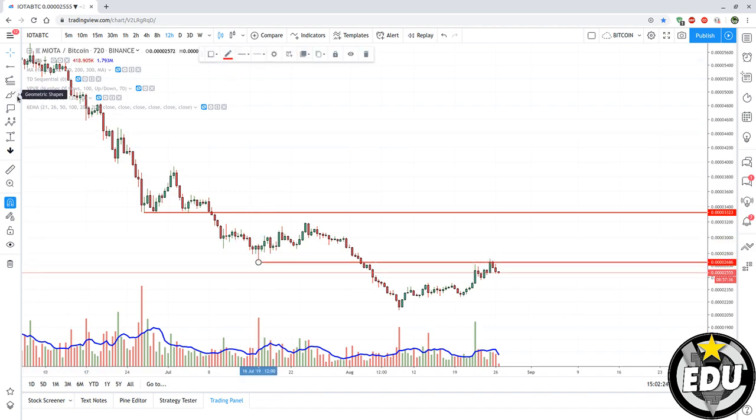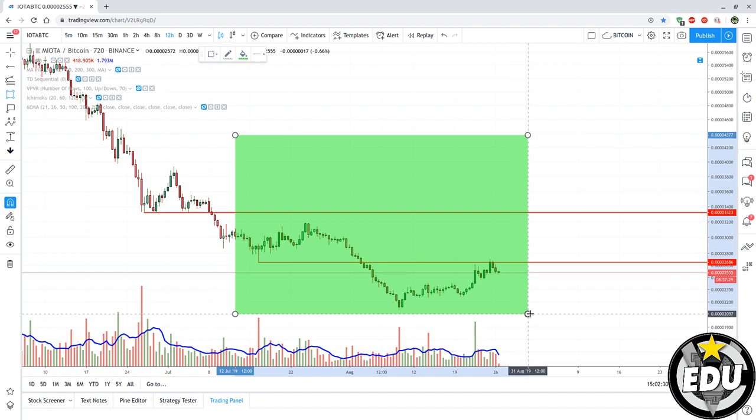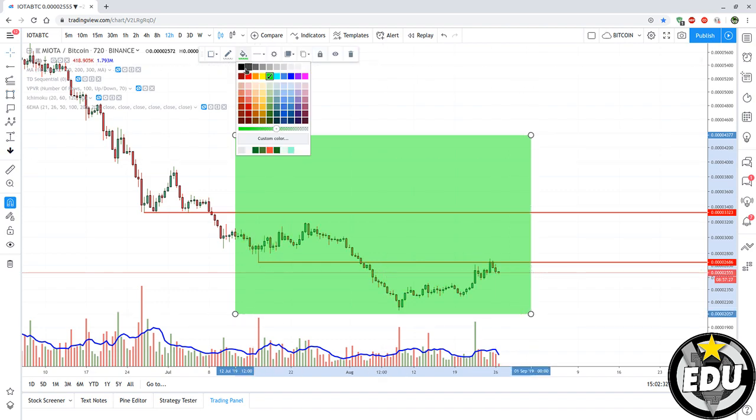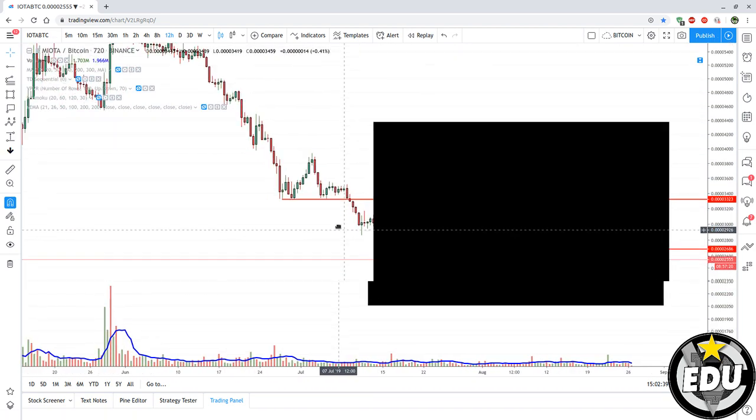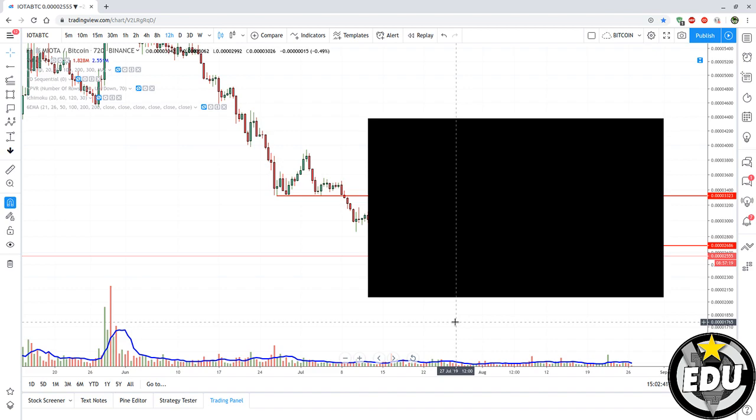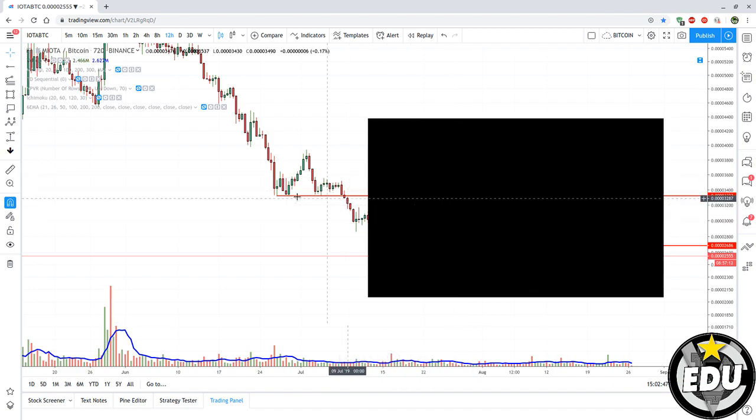Let's say I'm here, and this thing is dumping, and I want to buy this and long up to the red level. So when should I buy it?